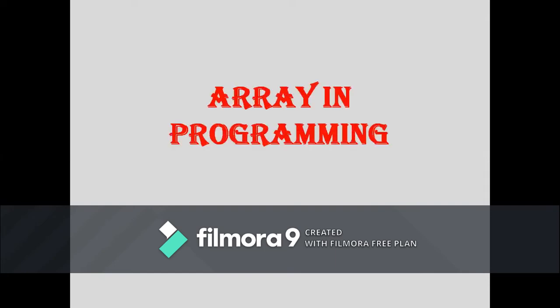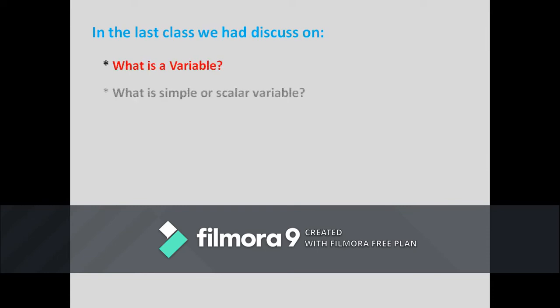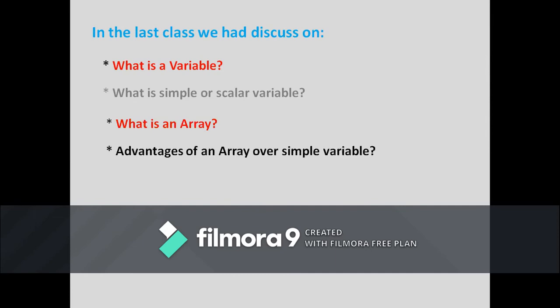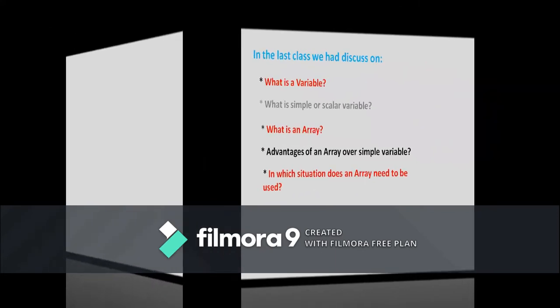Students, today we'll continue our discussion on the topic array in programming. In the last class, we had discussed what is a variable, what is a simple or scalar variable, what is an array, advantages of an array over a simple variable, and in which situation an array needs to be used.